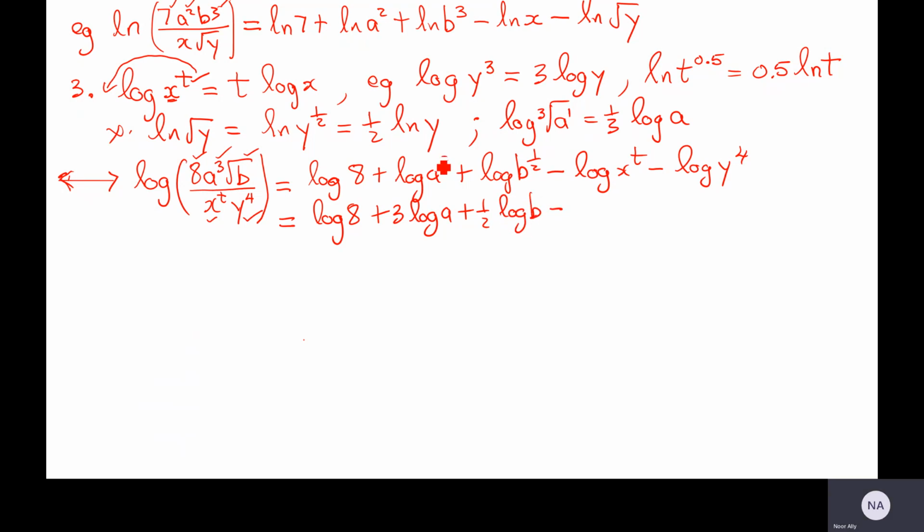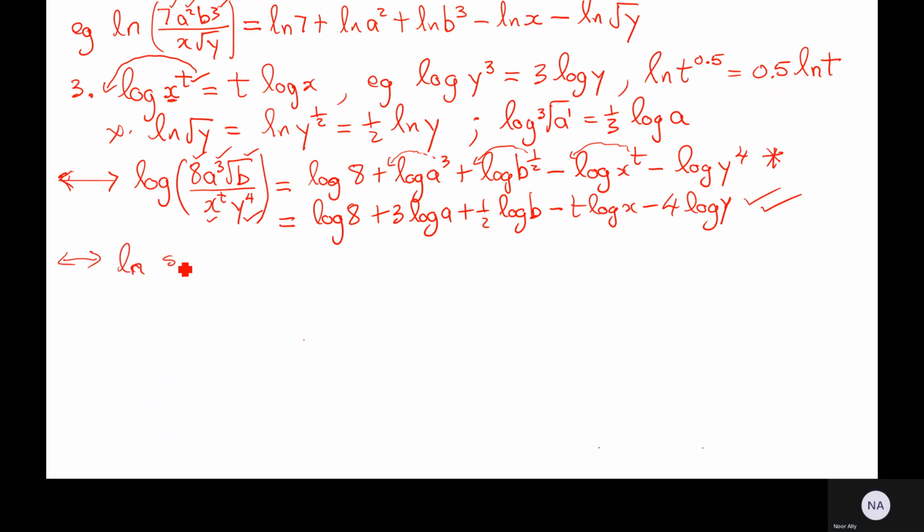Why? What am I doing? That's the third law. I can apply the third law. Minus t log of x minus 4 log of y. There you go. Now, this particular step, when you get used to it, you don't need to write that. You can just write this answer immediately. And before we go on to the reverse process, look at this carefully.